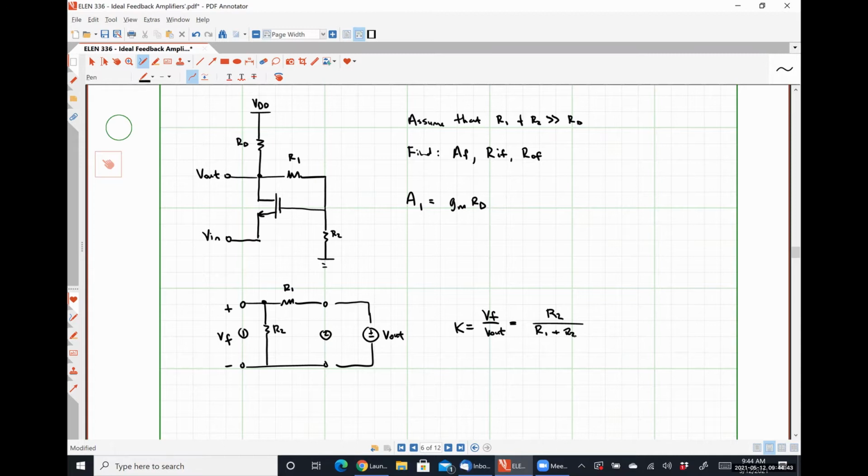While we are at it, what is our open loop input resistance going to be? That would be us looking in here, where again, we are assuming that we are not loading the input terminal in any way.